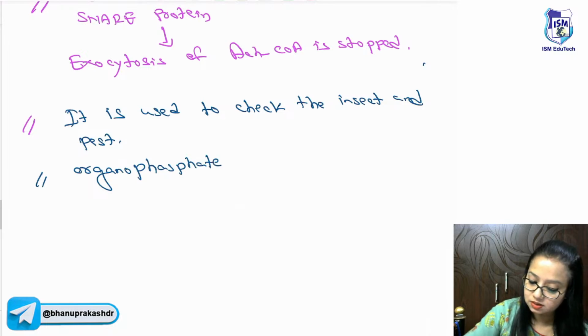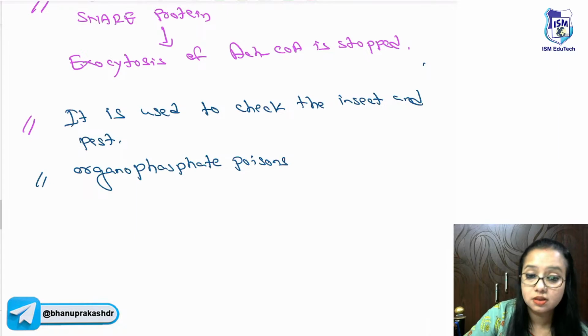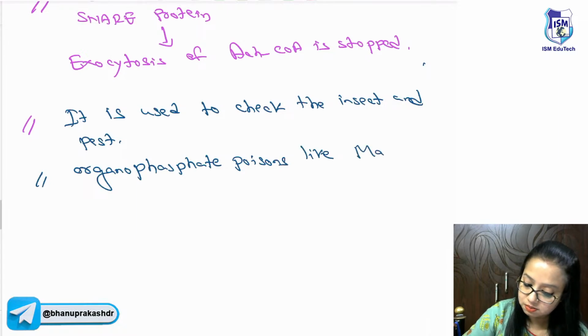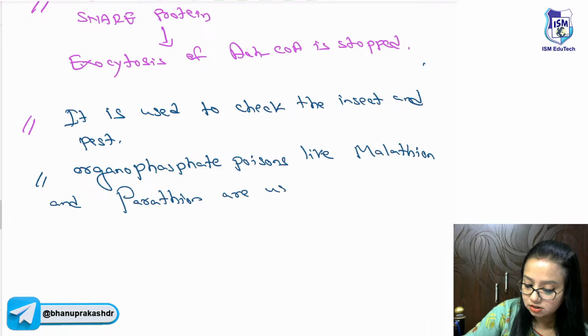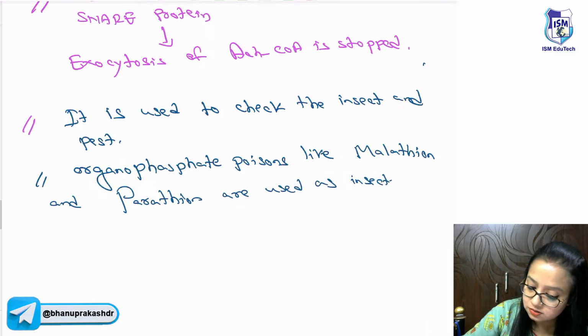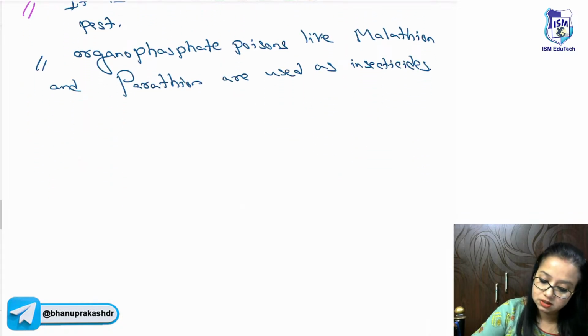Organophosphate poisons like malathion and parathion are used as insecticides.